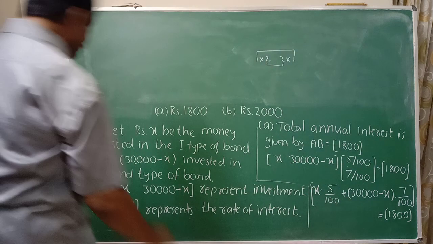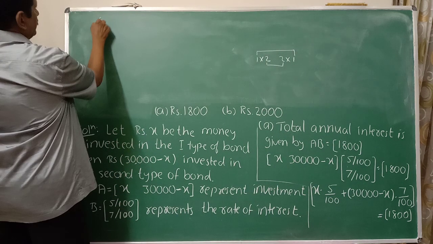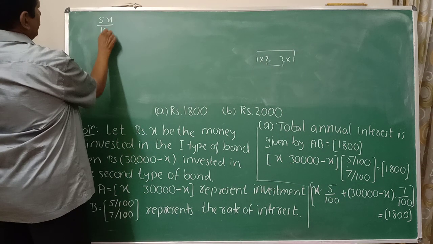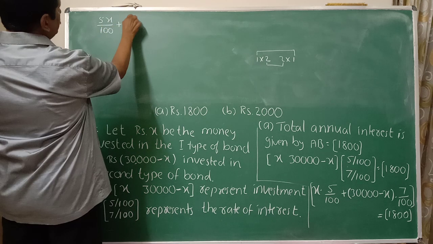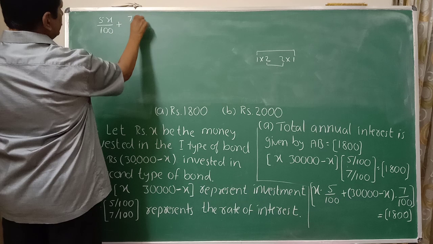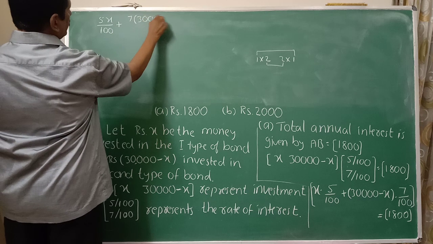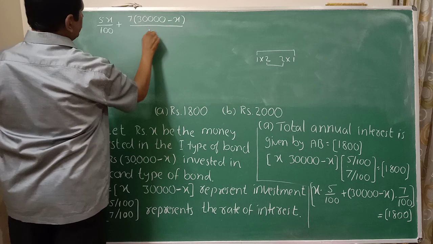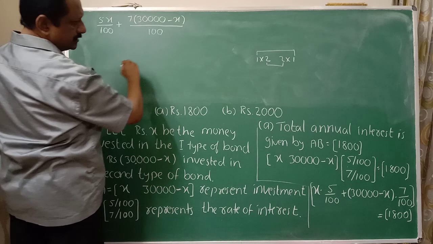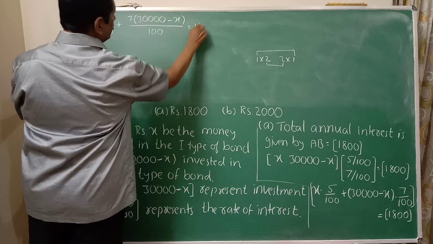Equate it. Therefore 5x divided by 100 plus 7 into (30,000 minus x) divided by 100 is equal to 1,800.